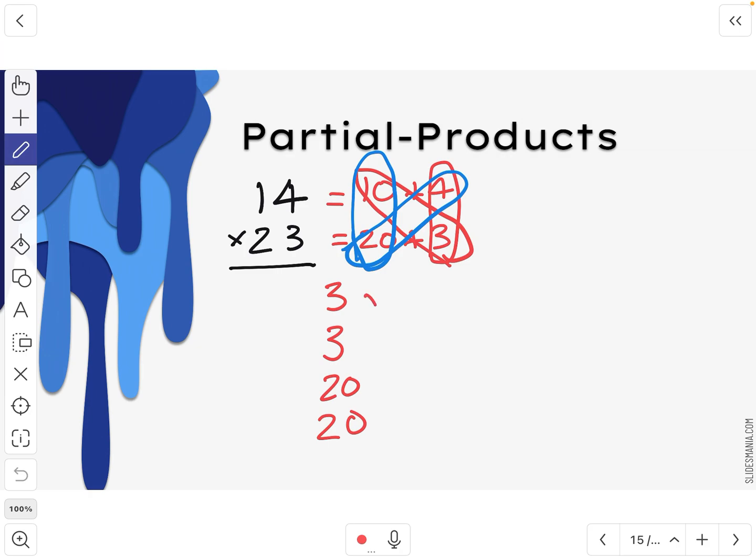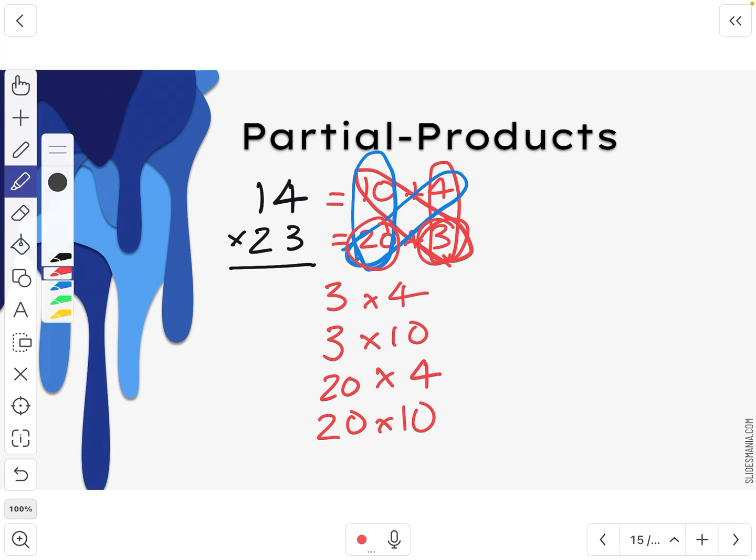Because we're going to write the 3 times the 4 and the 3 times the 10. So this digit here times both of the top digits. And then we're going to take this other one down here, 20, and multiply that by the same 2. Notice that they're actually the same ones. So a 4 and a 10, a 4 and a 10, right?